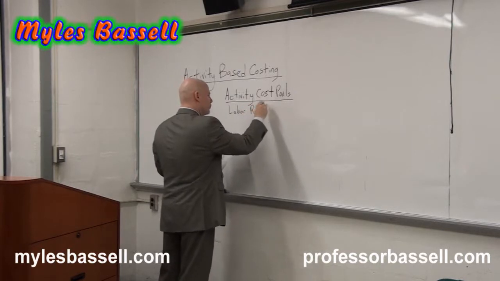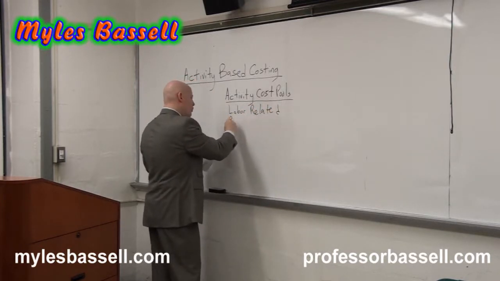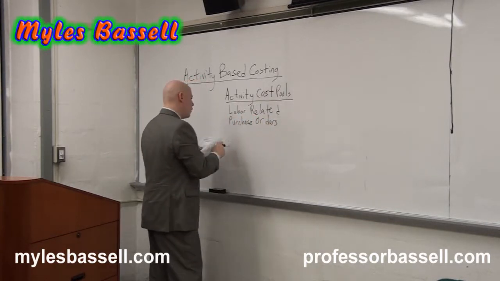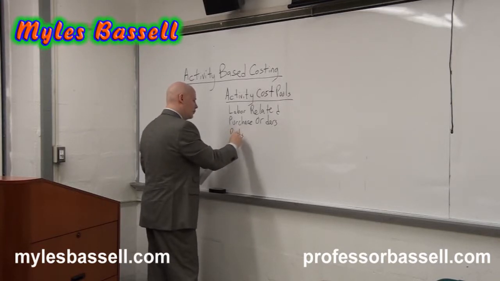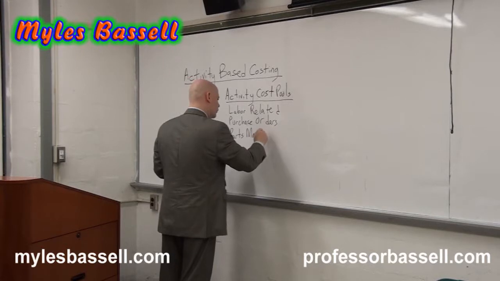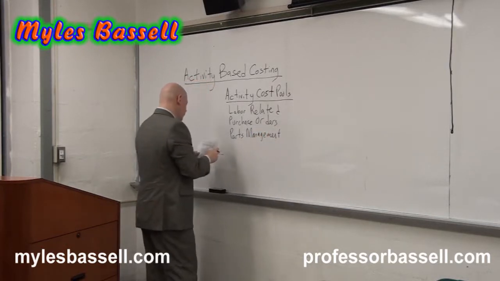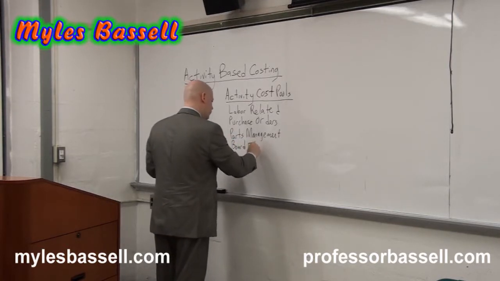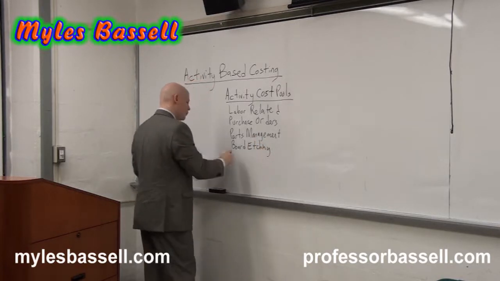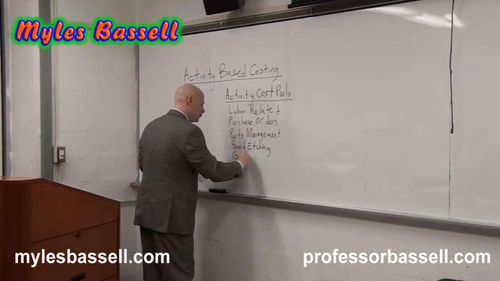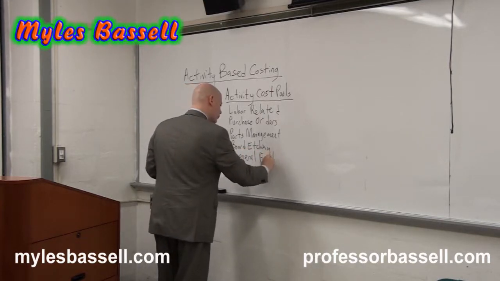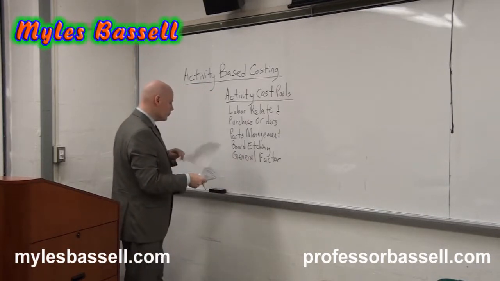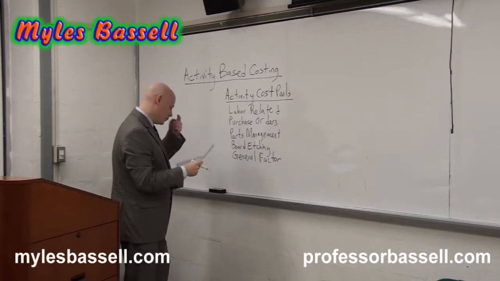Labor-related, purchase orders, parts management, board etching, and general factory. Those are the activity cost pools.